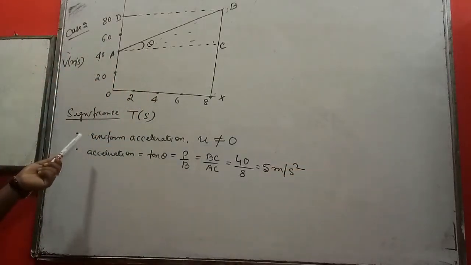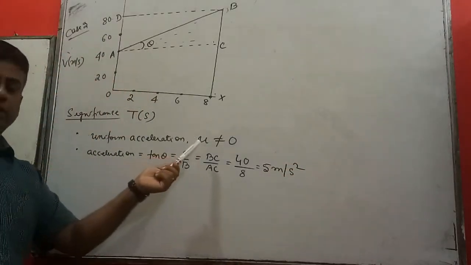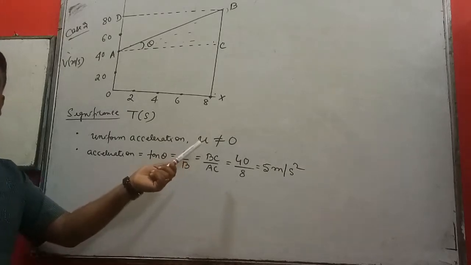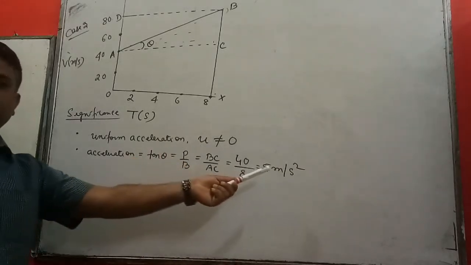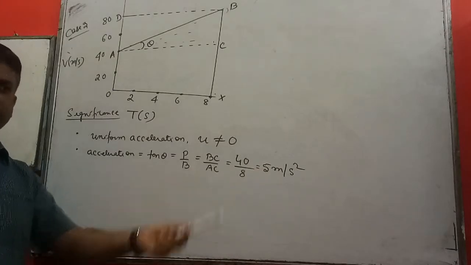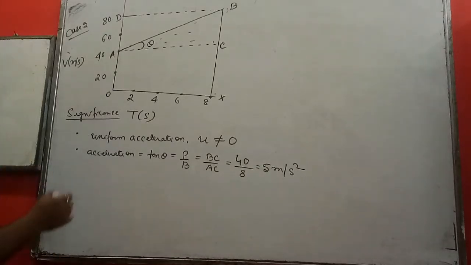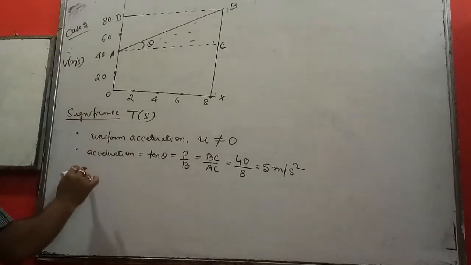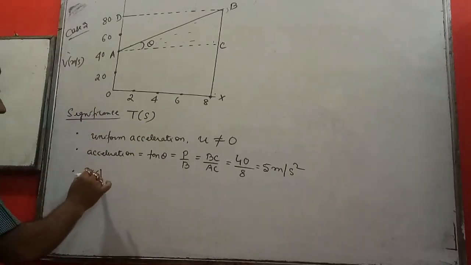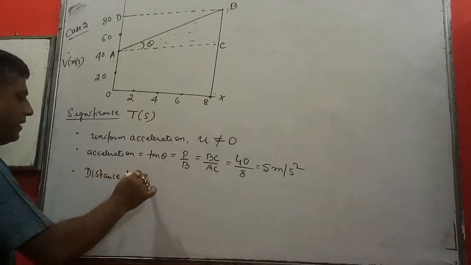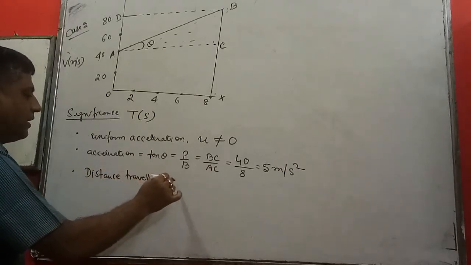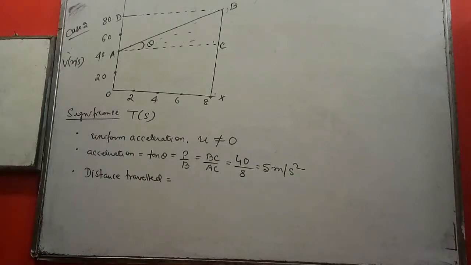Here the information is uniform acceleration, but initial velocity not equal to 0. Acceleration 5 meter per second square, that is positive acceleration. Okay, positive acceleration. And if I ask you the distance travelled here, because you know area under the velocity-time graph indicates distance travelled.